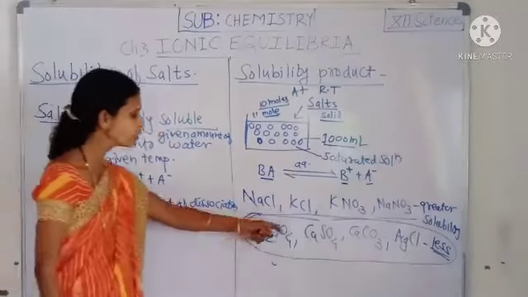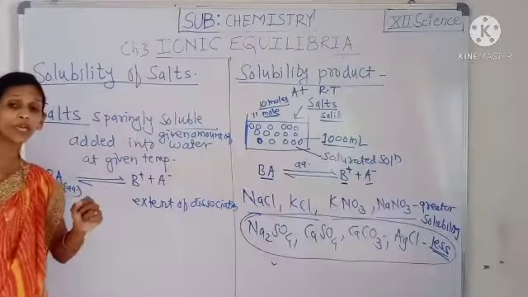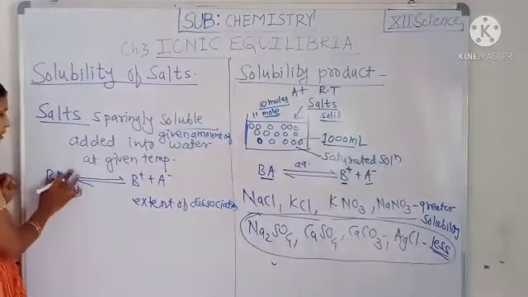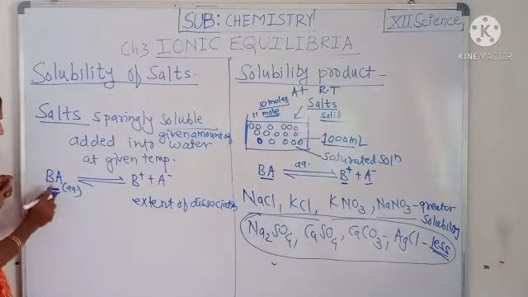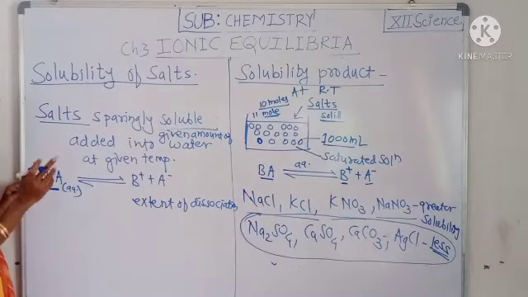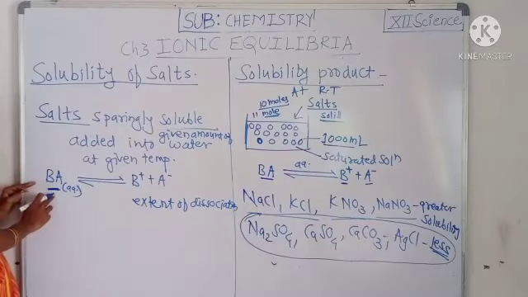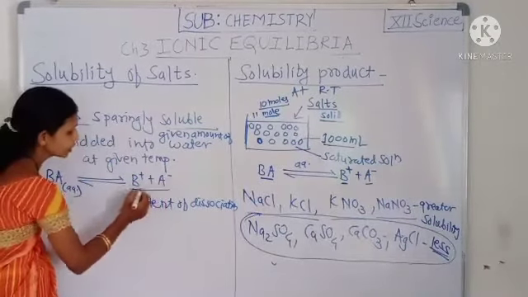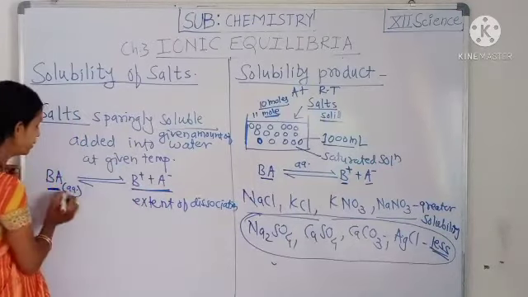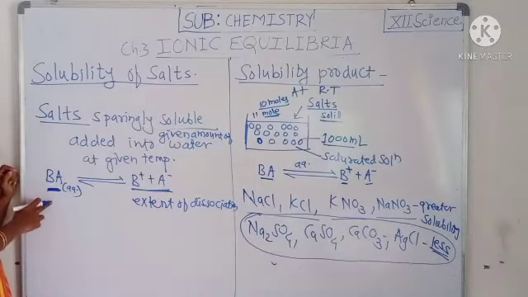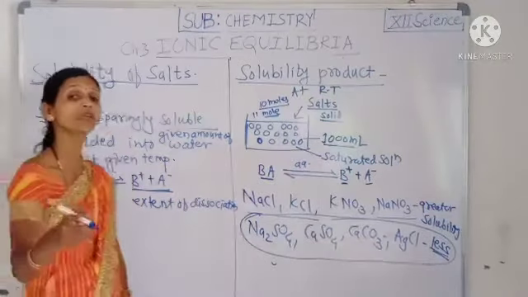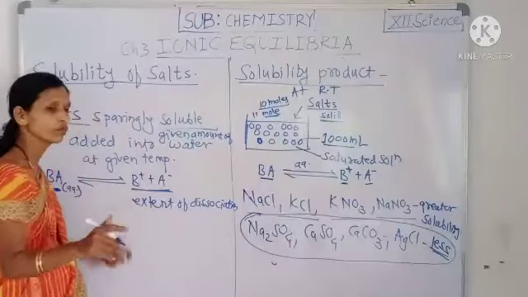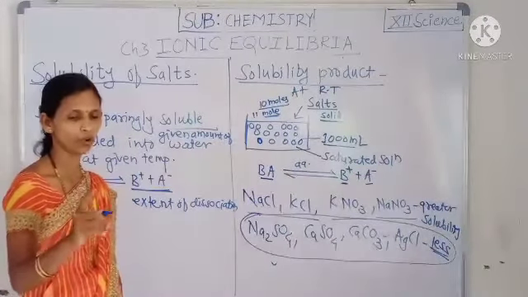That means sparingly soluble salts dissociate feebly, to a small extent, and therefore there are unionized or undissociated molecules of the salt, and equilibrium is attained between the dissociated ions of the salt and the undissociated molecule of the salt. That means ionic equilibrium is present in the aqueous solution of a sparingly soluble salt.